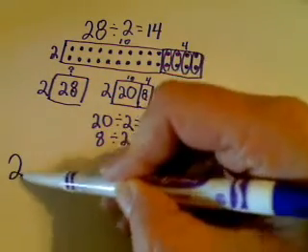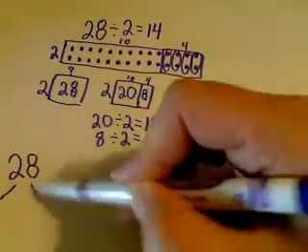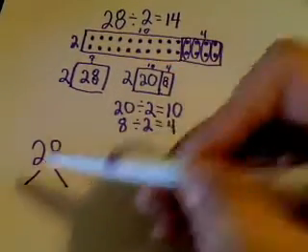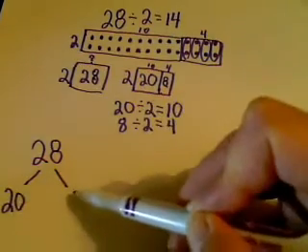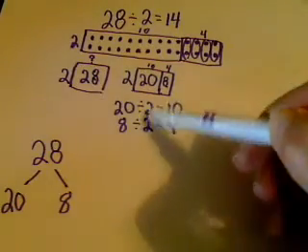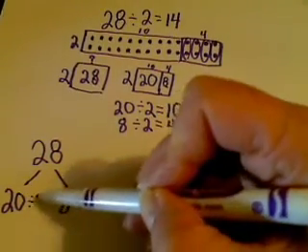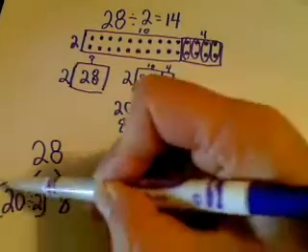So if we had 28 to start with, we said, well, 28 is made up of, we're distributing, that would be 20 and 8, okay? But always, we need to know we're dividing that into groups of 2.